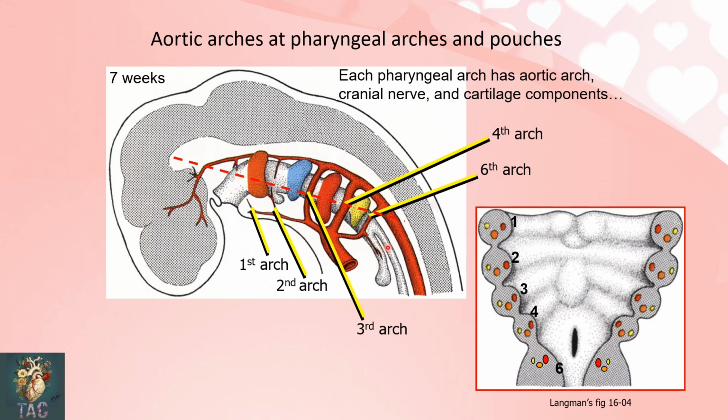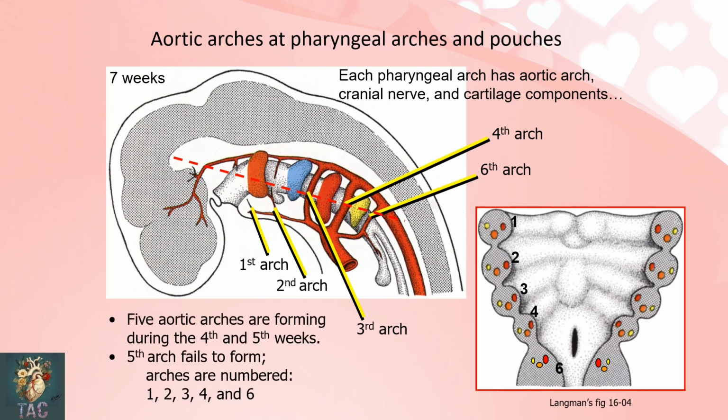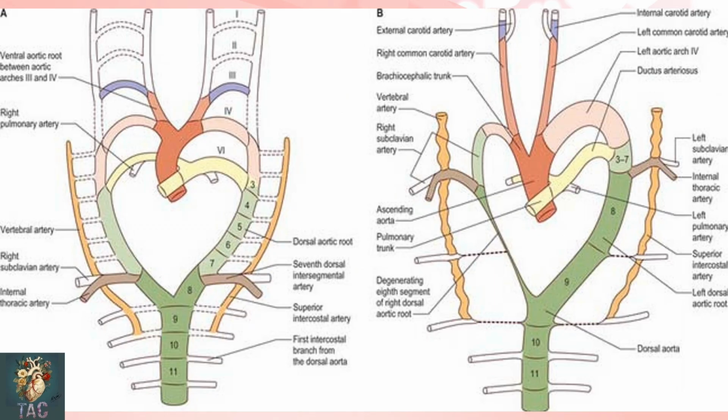Fifth never forms, or if it forms it obliterates very early. So actually we have 5 arches, but we number them as 1, 2, 3, 4 and 6. Similarly for the aortic arches as well. Now if we move on to the aortic arches, first we will understand these aortic arches through this diagram, and later we will study all of these individually.